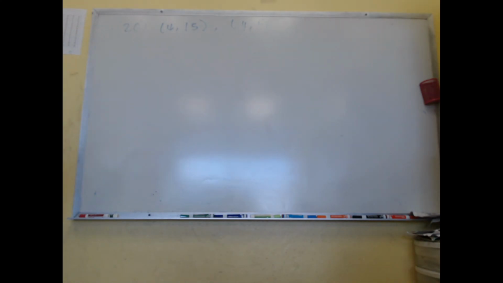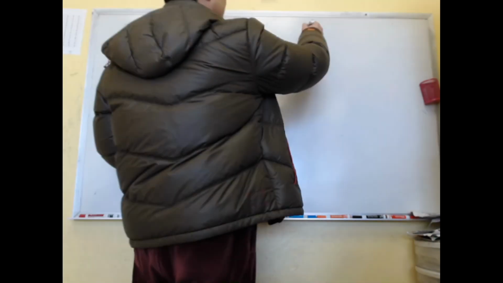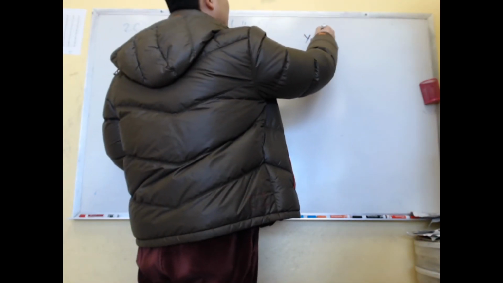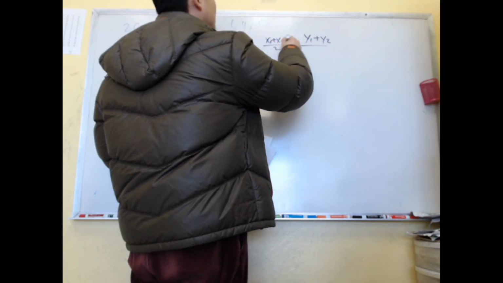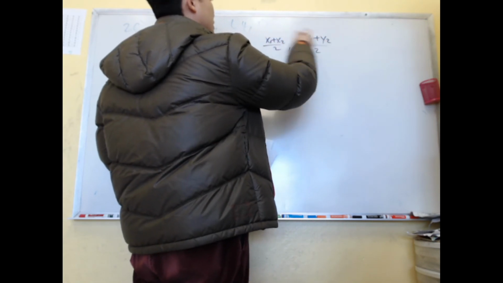Another thing is that since we do know the vertices, they're symmetrical, so can we use the midpoint formula to find the value of k? What's the midpoint formula again? (x1 plus x2 over 2, comma, y1 plus y2 over 2), right?